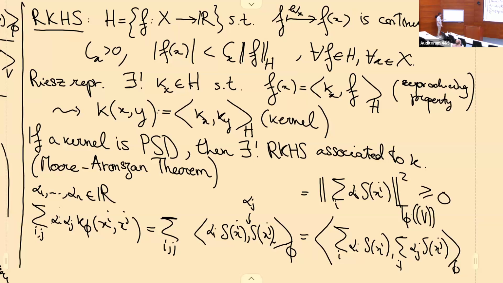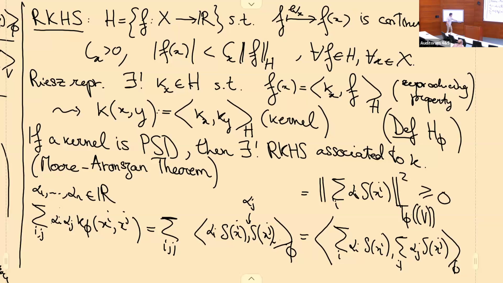So the signature kernel is positive semi-definite, therefore there exists a unique signature kernel reproducing kernel Hilbert space associated to it. And we will denote by H sub phi the corresponding RKHS.